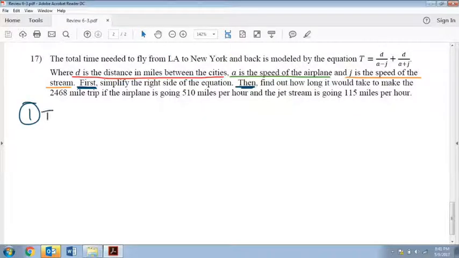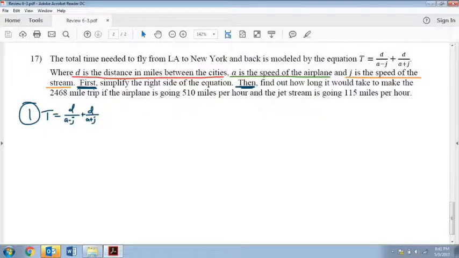So that's just an addition of rationals. So we got d over a minus j plus d over a plus j. What they want us to do is put this in one fraction. So here we go. The first one needs the a plus j, the second one needs the a minus j.